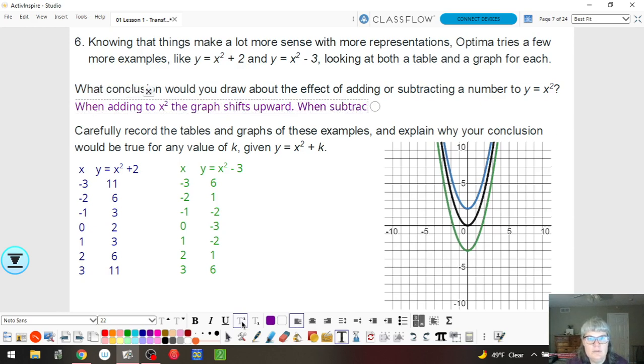When subtracting from x squared, the graph shifts downward. So when we had the plus behind the x squared, we went up 2 units. When we had the minus behind x squared, we went down 3 units.